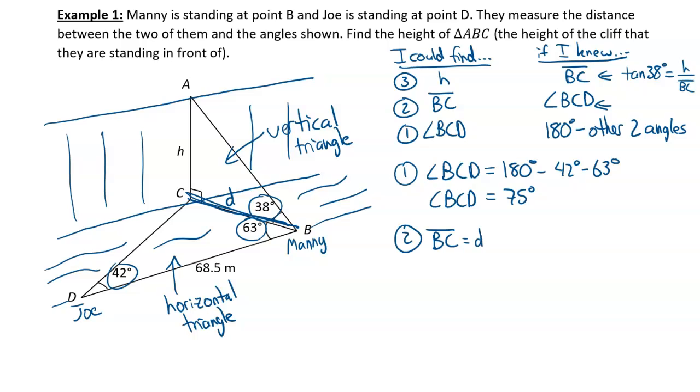So I'm going to use the sine law. I'm going to say D over sine of angle D. And then what's the other pair I know? Well, now I know this angle is 75 degrees. So I know the length of C, which is 68.5, and I know the angle C, which is 75 degrees. So I can sub these in.